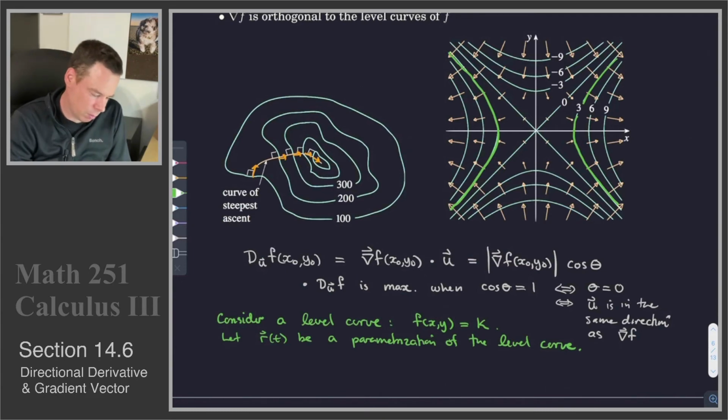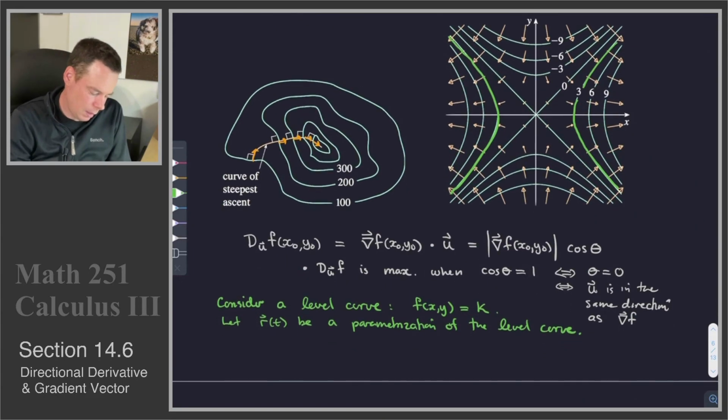So it's an arbitrary parametrization of a curve. And now what we're interested in is showing that the gradient vector is perpendicular to the curve. So I want to show that the gradient vector dotted with the tangent vector to the curve is 0, because that would show us that the gradient vector and the tangent vector are perpendicular, or in other words, the gradient vector is perpendicular to the level curve.